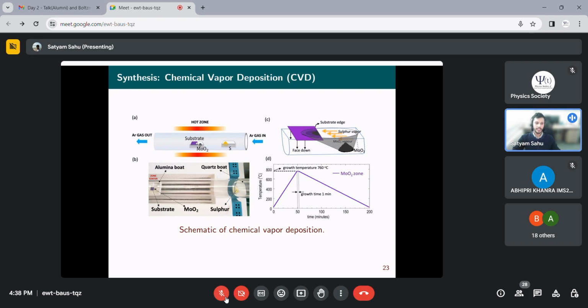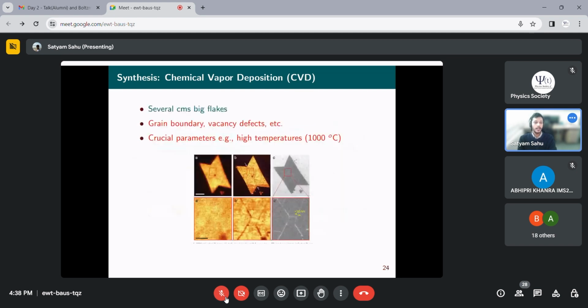In general, the temperature you need to prepare such samples, the CVD grown samples, is around 1000 degrees centigrade. And you need rigorous machinery to have this kind of system, and that's why this one is much more complicated. But the advantage of this system is that you can have very big size flakes.